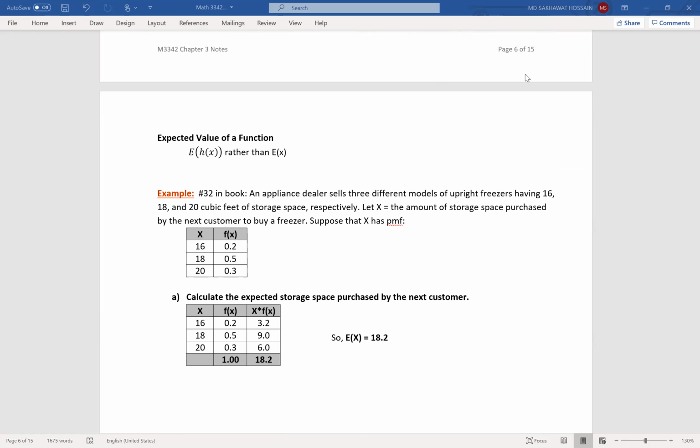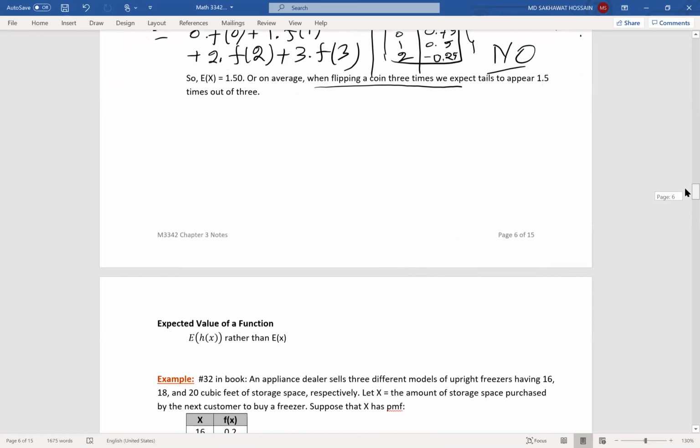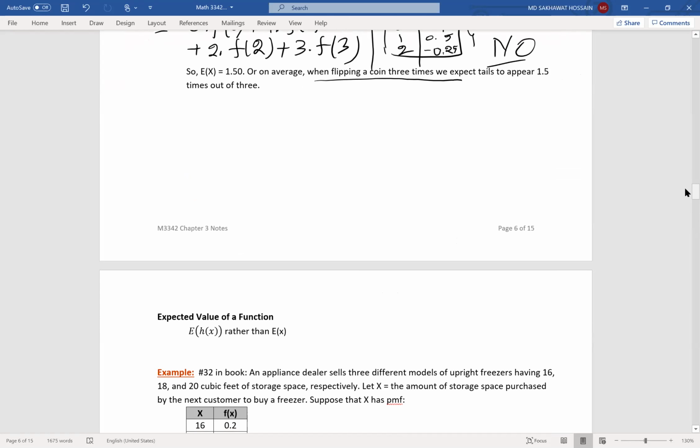Okay, so we discussed the expected value of the random variable x. You can also find the expected value of a function of x. Here we just found the expected value of x.